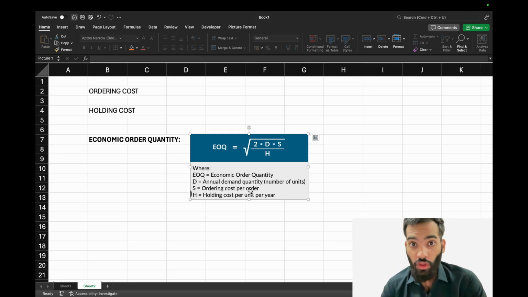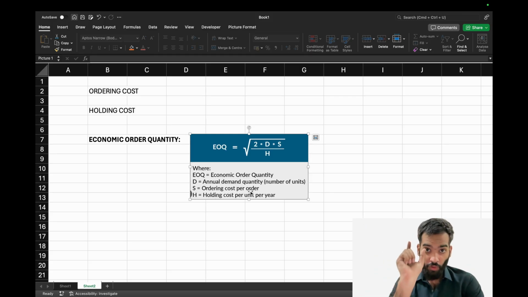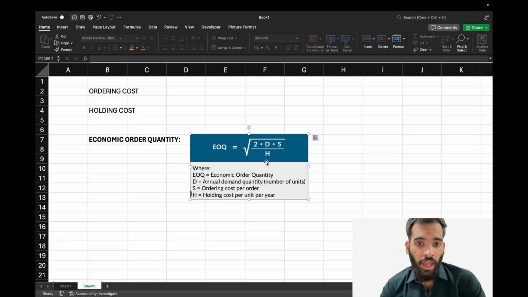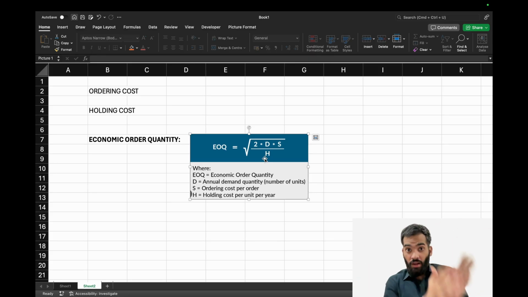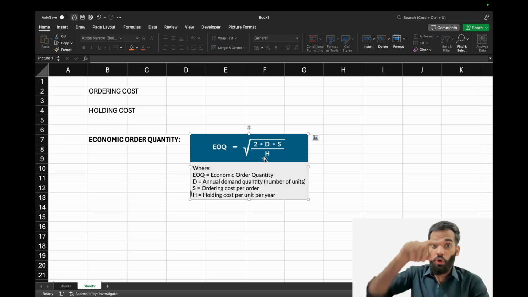Very important to know: it's not the total ordering cost, it's the ordering cost for every order I'm placing. And divide by H, this is the one that most of the students get wrong. H does not mean holding cost for a month or holding cost for a couple of units. It literally just means holding cost per unit, for every one unit for the whole year.